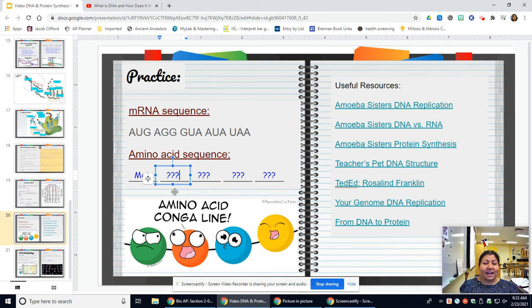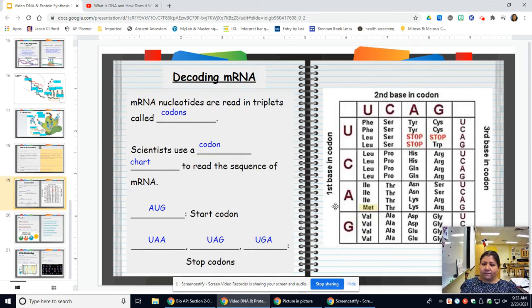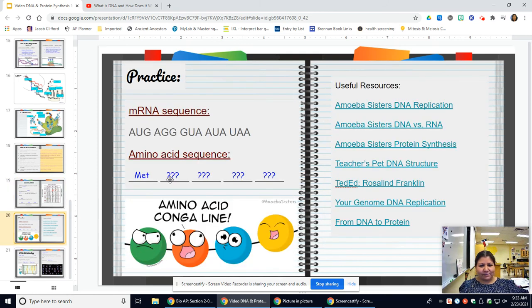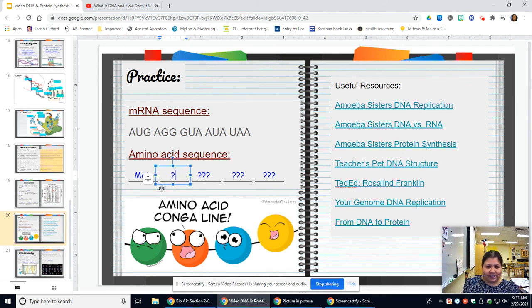Next, I have AGG. If I go right here, my first base is A, second base is G, third base is G. Come back here, I can see it's ARG, arginine. So right here, arginine, ARG.